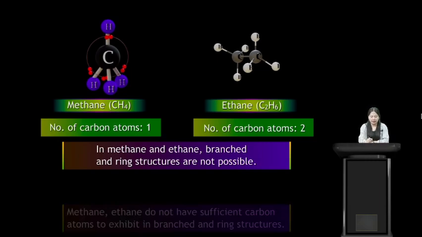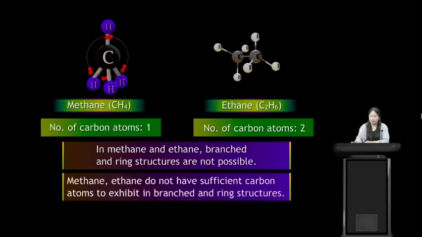Why? Because methane and ethane do not have sufficient carbon atoms to exhibit branched or ring structures. We have only 1 carbon atom here, and only 2 carbon atoms here. Whether we write it like this or like this, it will be a straight chain. Is that clear to you, students? Let us proceed then.